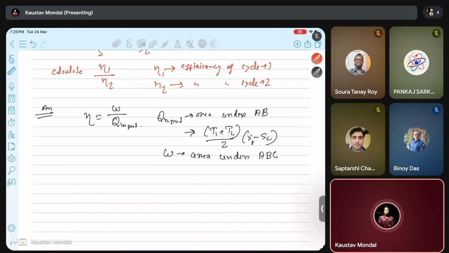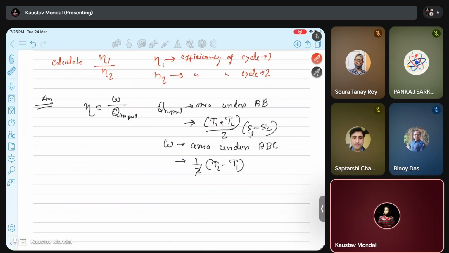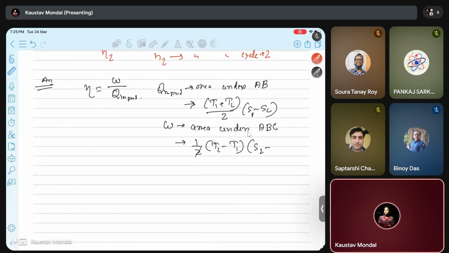So the area of the triangle you already know, half into base into height. That would be half into (T2 minus T1), taking T2 minus T1 as the height, into base, S2 minus S1, right?